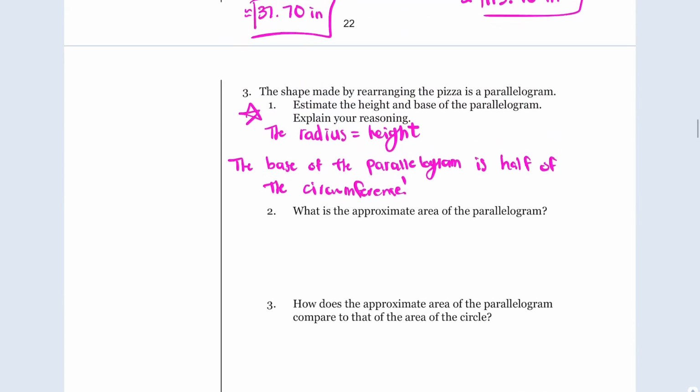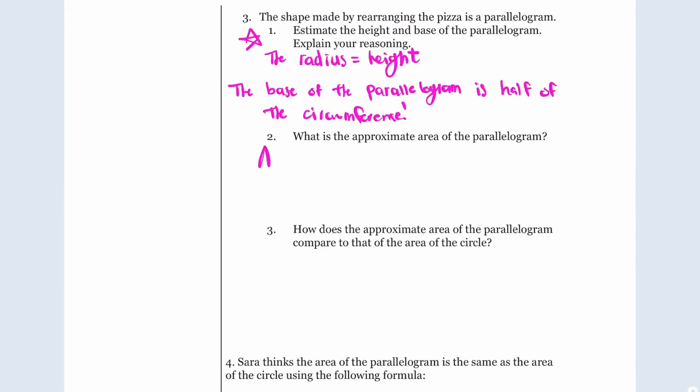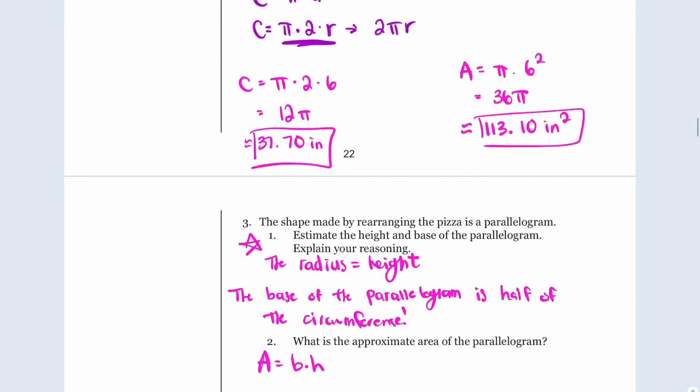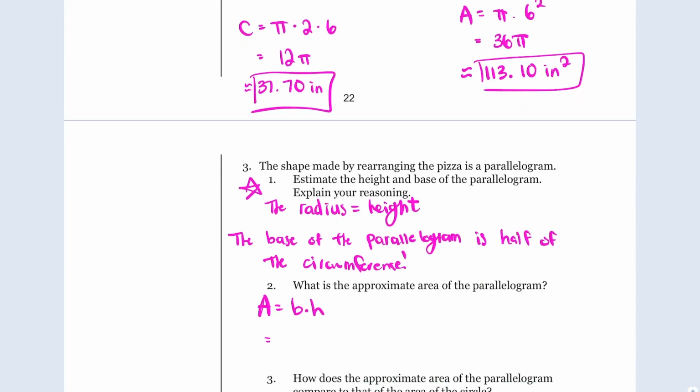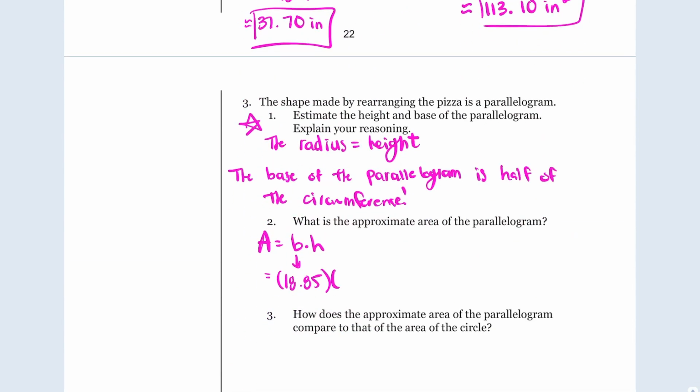What is the approximate area of the parallelogram? Well, remember that the area of a parallelogram is just base times height. So we're going to take our base, which is half of 37.70. And remember, this is approximate, that's why it says approximate the area, because it's not exact. So our base is going to be approximately 18.85. And we're going to multiply that by the height of our parallelogram, which is the same as our radius.